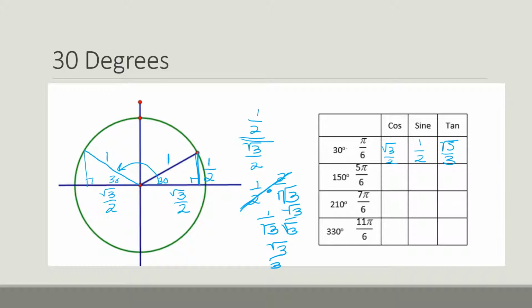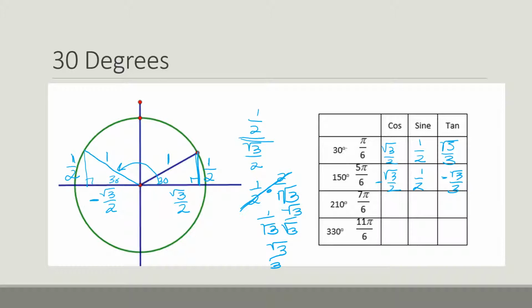I've got this as √3/2, but since it's in this quadrant, all of my x values are negative. So it's -√3/2, and then this would be +1/2. So -√3/2, +1/2, and then this would be a negative divided by a positive, so -√3/3. You would continue to fill this out, and I would like you to do that.